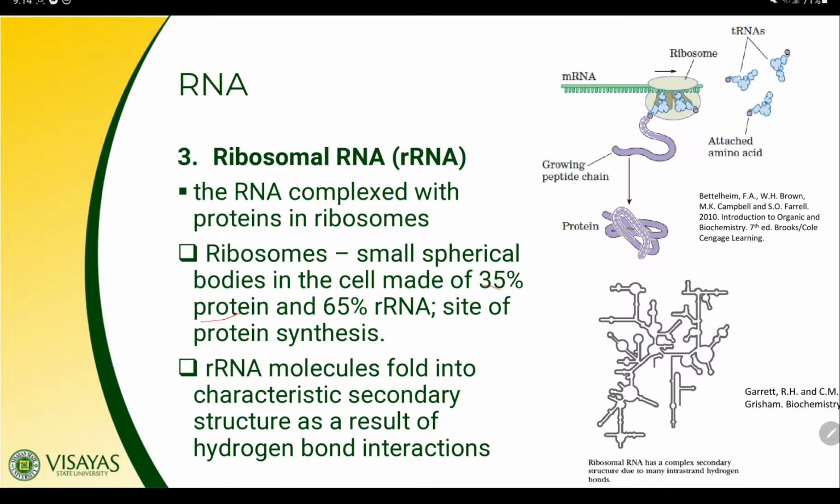And we know that ribosomes are the site of protein synthesis. This is the structure of ribosomal RNA. That structure occurs because of the hydrogen bond interactions of the bases in the structure.